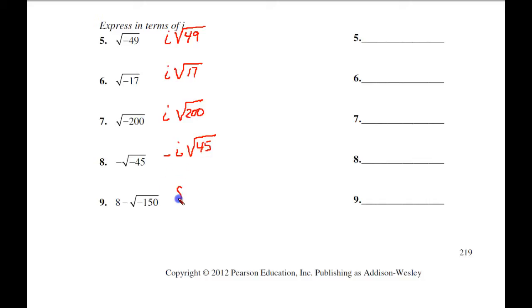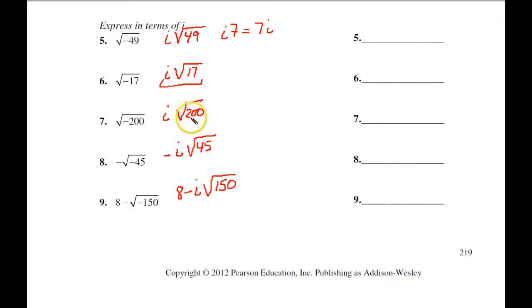And there's an 8 minus i, the square root of 150. Now you might think you're through, but no, not really. Because over here, now the square root of 49 is 7. So you could write it i7. Most of the times we write it 7i. This one is as far as you can go.